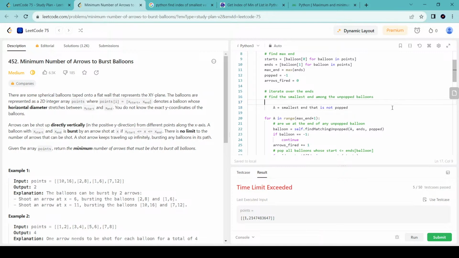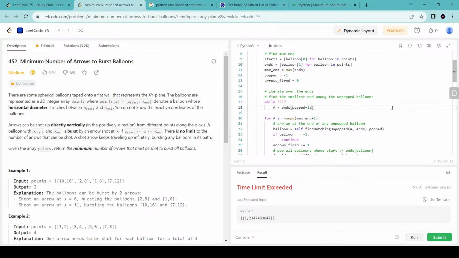We need some kind of while loop here because we're going to keep repeating ourselves. And we're going to say A equals the smallest end that is not popped. How we're going to do this is we take ends[popped:popped+1] actually.